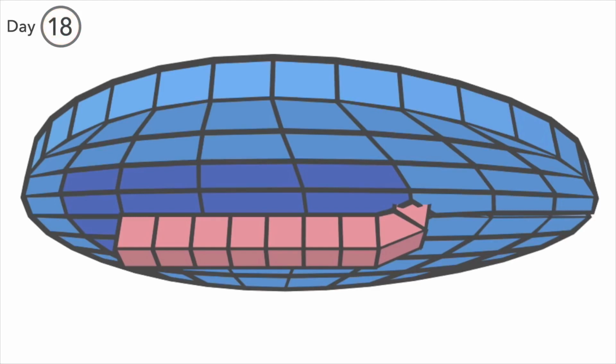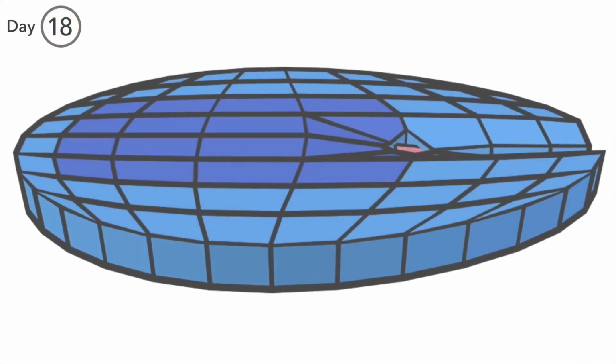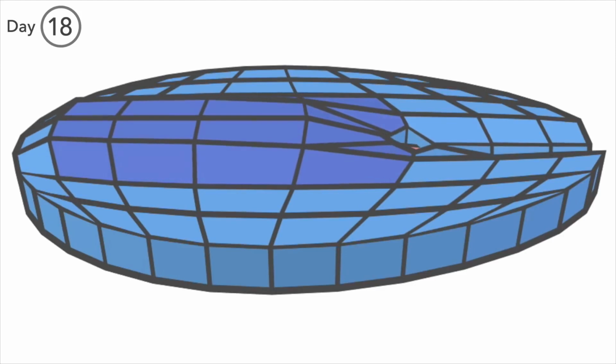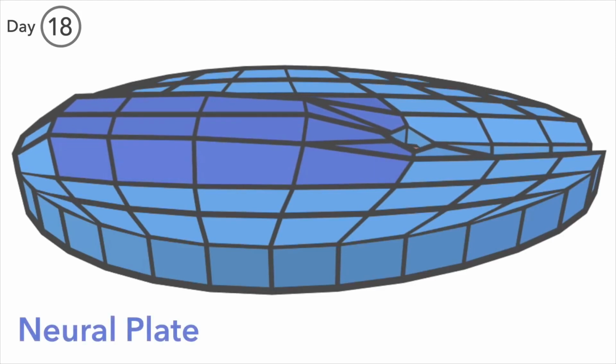Day 18. Ectoderm between the primitive node and the cranial end of the embryo begins to thicken and is known as the neural plate. Seeing this is the beginning of another process called neurulation. We have a separate video on that if you'd like to know more about it.